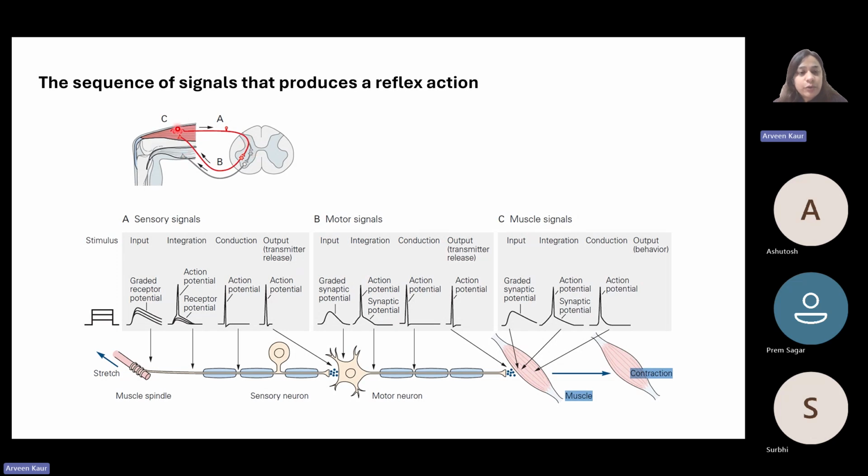And over here, although a single input was being brought in, the function of these spinal cord neurons is that they will divide it, because not only this muscle has to contract, even this muscle has to flex in order for the knee, or that portion, to move away from the needle, right?